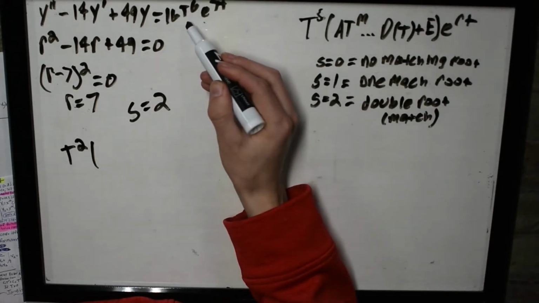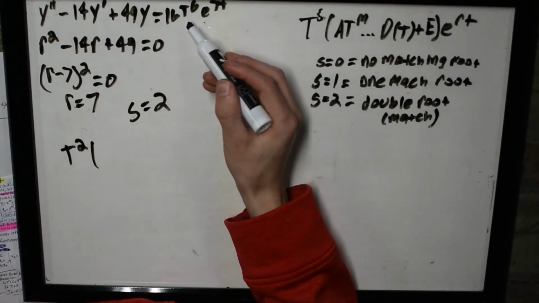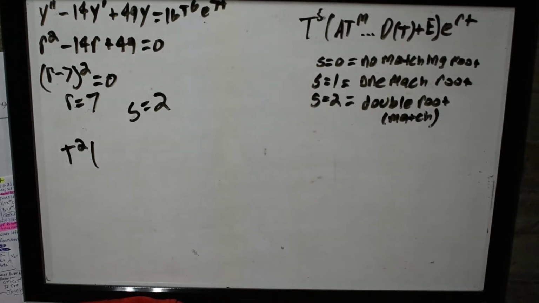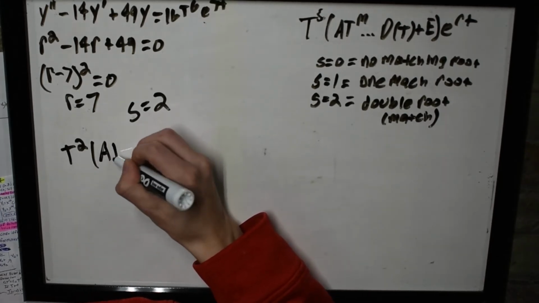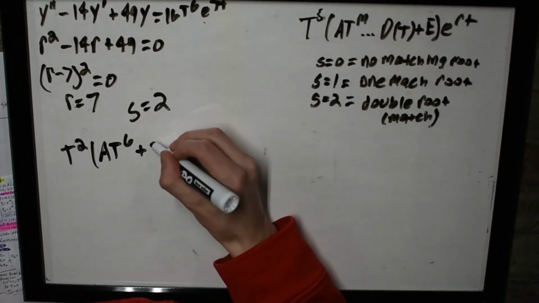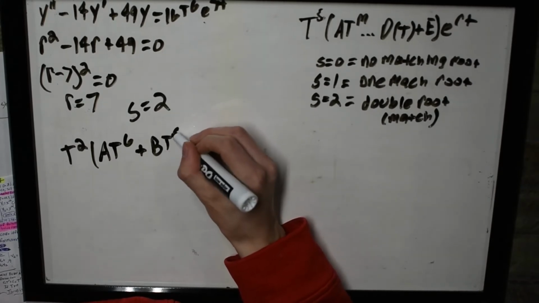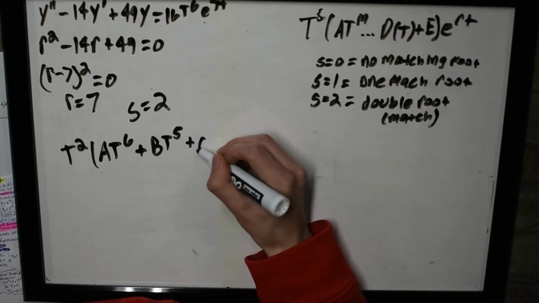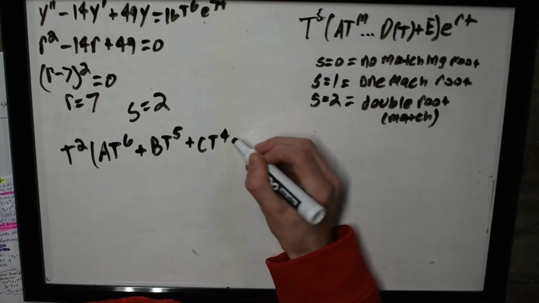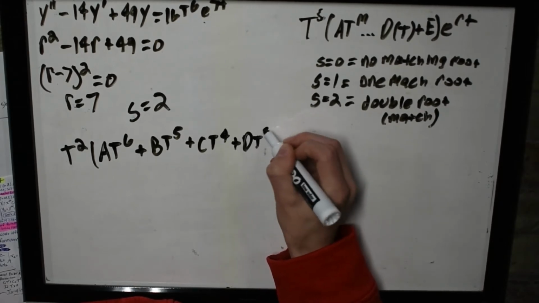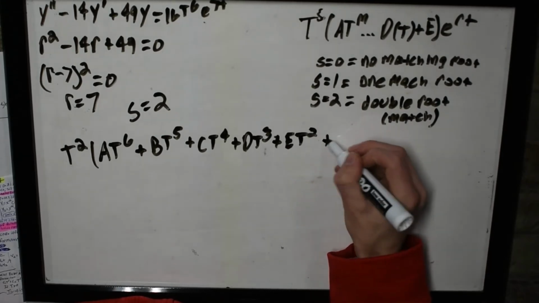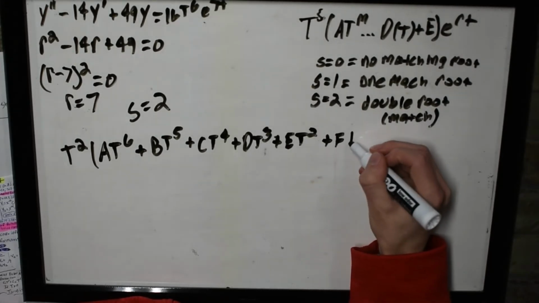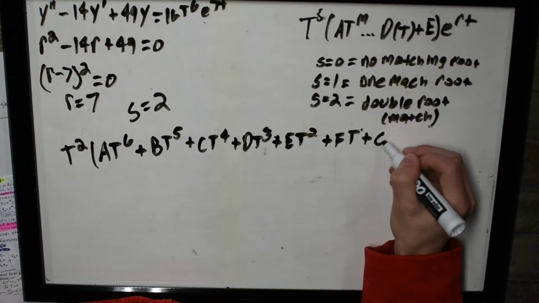Now we need to walk down our polynomial. Unfortunately here, our polynomial is 6, our m. M is the highest degree t. So we need to start with a t to the 6 and work all the way down to a constant. So b t to the 5th plus c t to the 4th plus d t to the 3rd plus e t squared plus f t plus g.